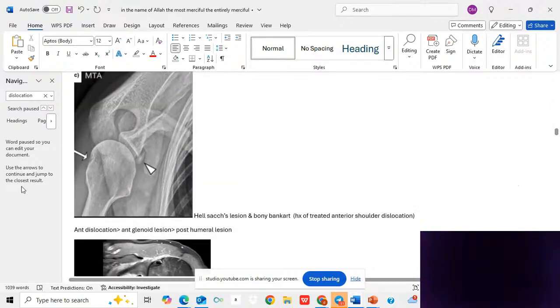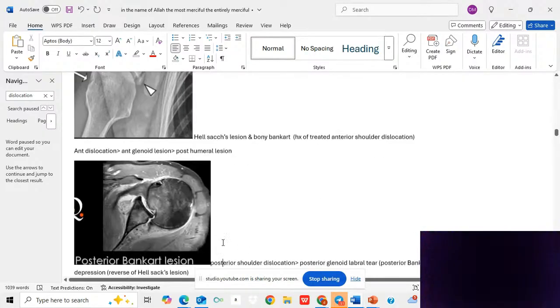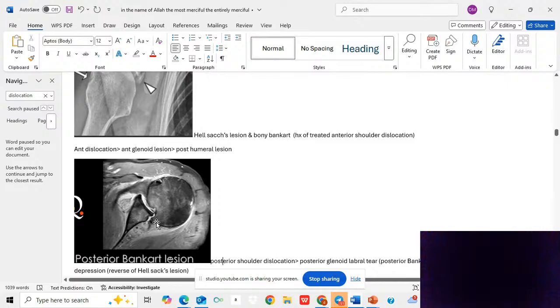So how can you remember this? Hill is posterior. So when the Hill is anteromedial, it is the reverse of Hill-Sachs lesion. Okay.